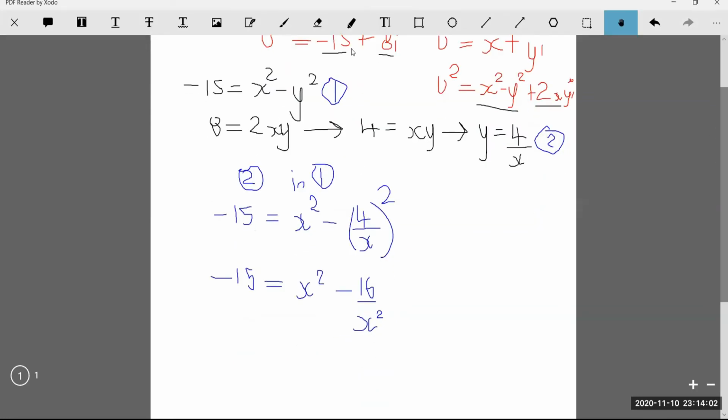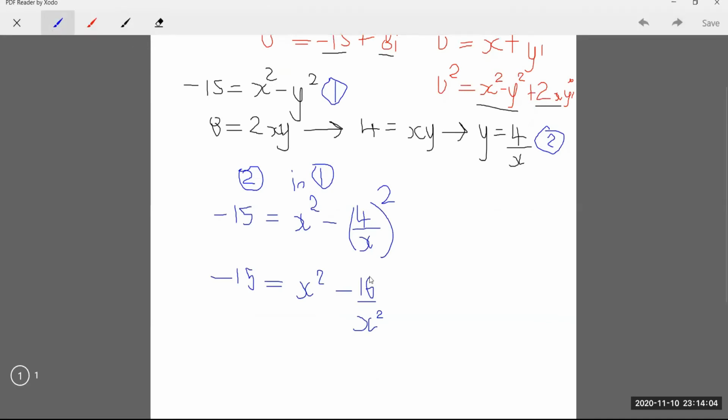All right. And so if we multiply this equation through by x squared, what we're going to get is negative 15 x squared is equal to x squared times x squared, which is x to the 4, minus 16. Now all we need to do is bring everything on one side, and this is pretty much another hidden quadratic.